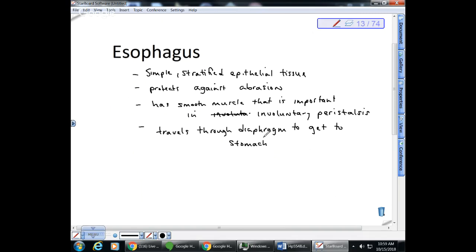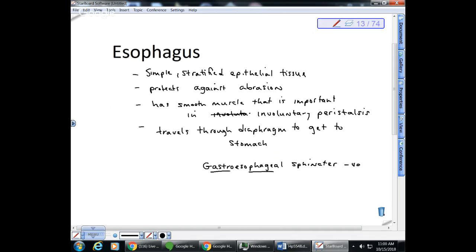This actually creates a valve to prevent the contents of the stomach from coming back up into the esophagus. And so this is the gastroesophageal sphincter. A sphincter is just a piece of round tissue that works as a valve. So this is the valve between the stomach, the gastro, and the esophagus.